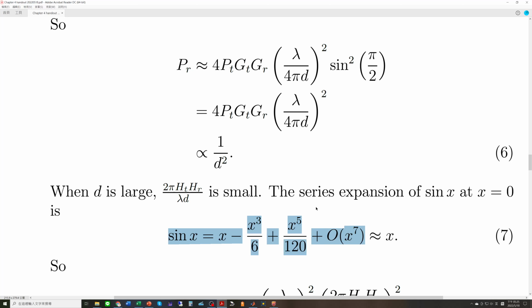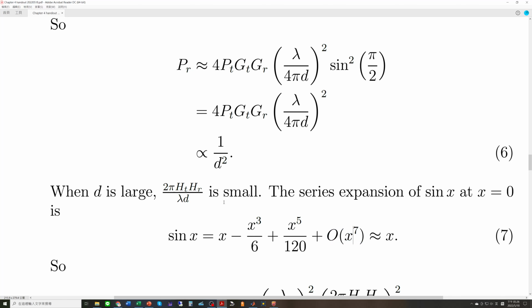It is the Taylor series, which you have learned in the course calculus. And what does the big O notation mean? It means that it contains all the terms x to the power of 7, x to the power of 8, x to the power of 9, etc., all the higher order terms. The order is higher than or equal to 7, which are all contained in this big O of x to the power of 7.